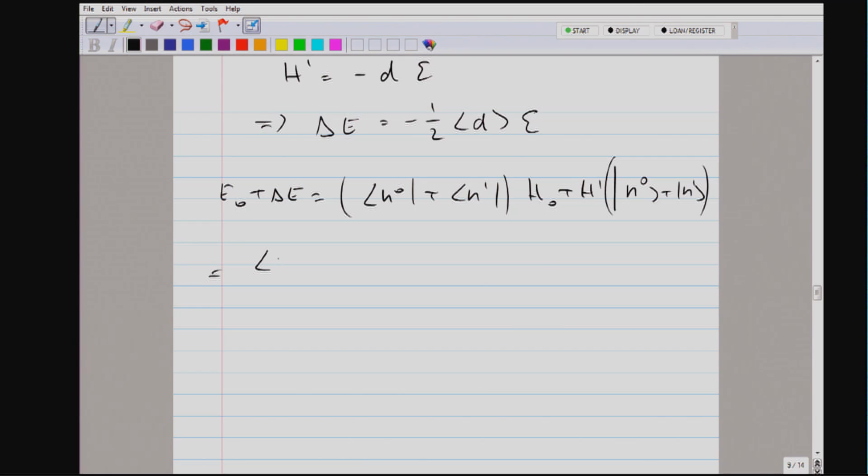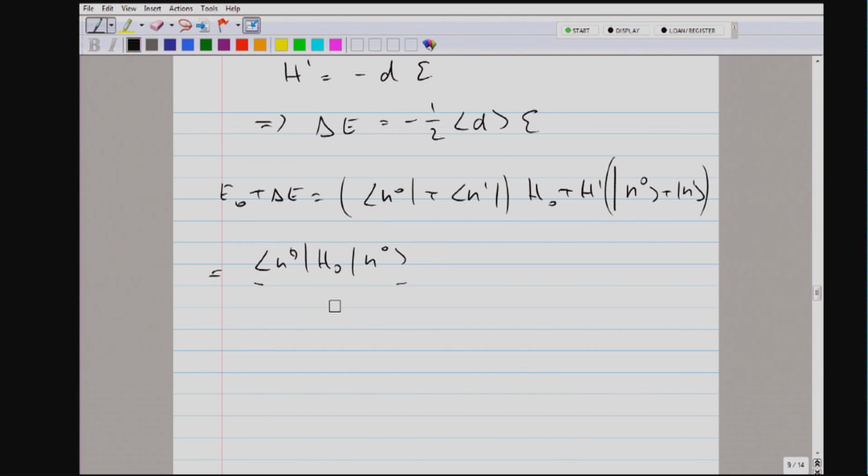One is the unperturbed energy, the energy contribution of the first order correction.